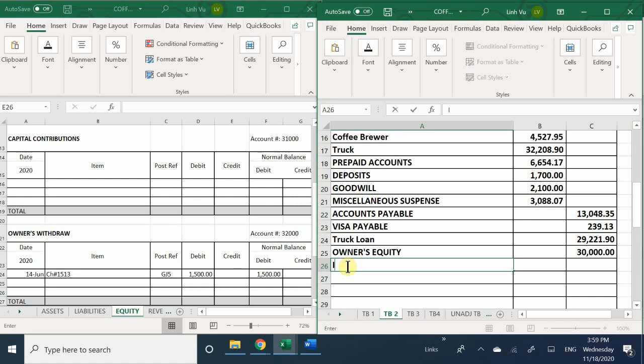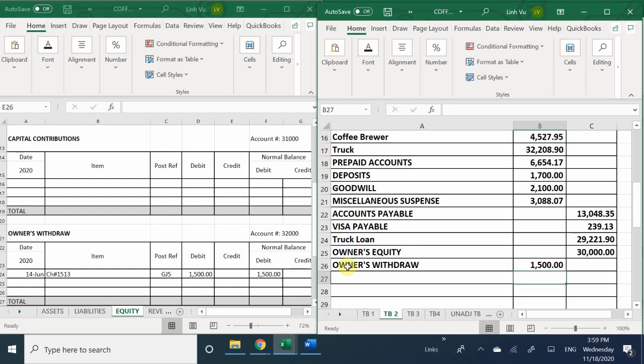All right, so here we have owner's withdrawal. And it is on the debit side for how much? 1,500. Yes.